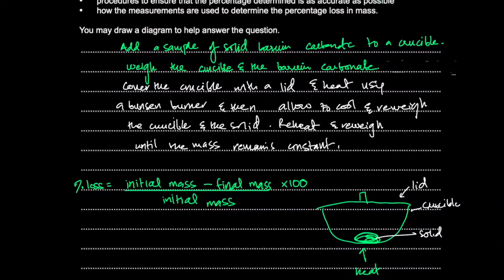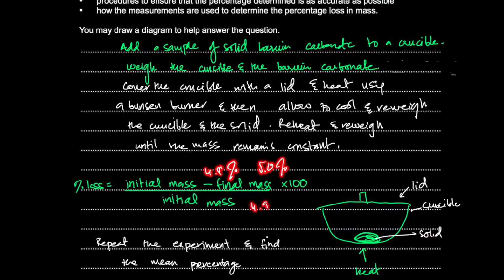One last thing I want to mention is that once you're done calculating the percentage loss, you should repeat the experiment and find the mean percentage. For example, if you got 4.8% the first time and 5.0% the second time, the mean is 4.9%.